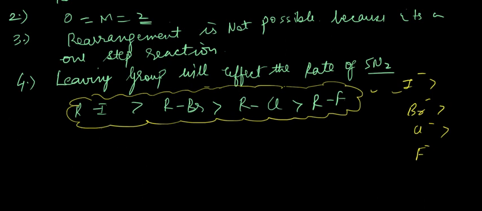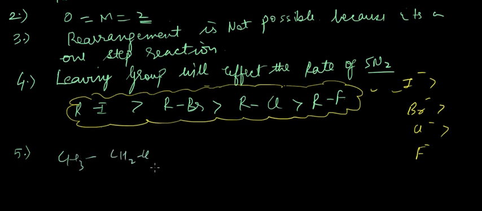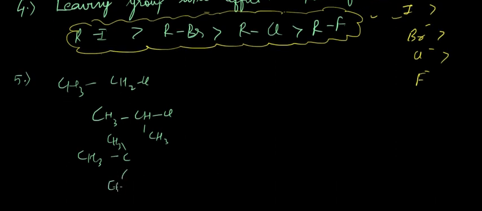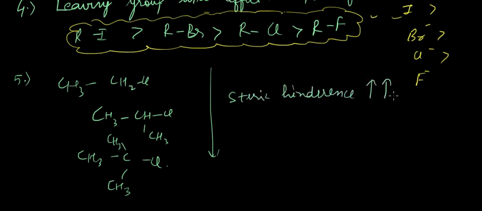One more thing here, if you look at CH3CH2Cl, and lastly, when we go down the group, the steric hindrance increases, hence the rate of SN2 decreases.